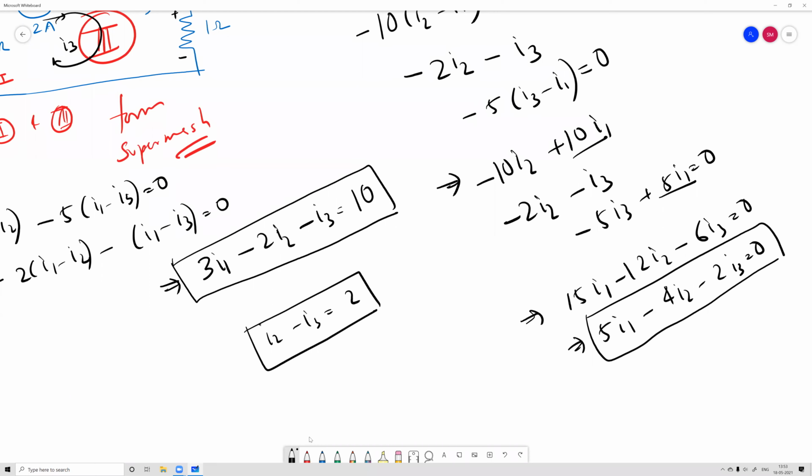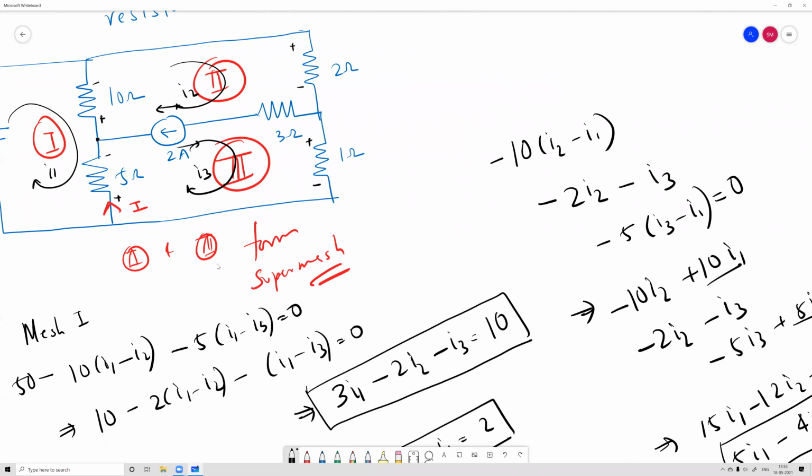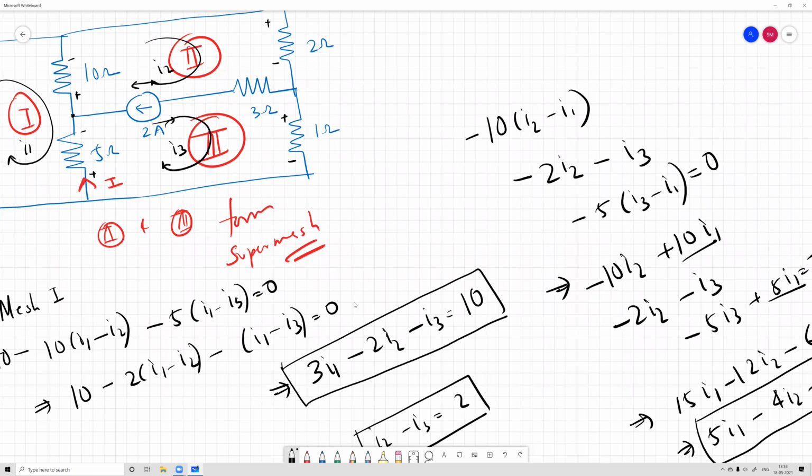So in this sum, why is I2 minus I3 equal to 2 and not minus 2? Because I2 is taken in this direction, right to left. I3 is taken from left to right, and the source is also from right to left. Okay, sir. Solve it.